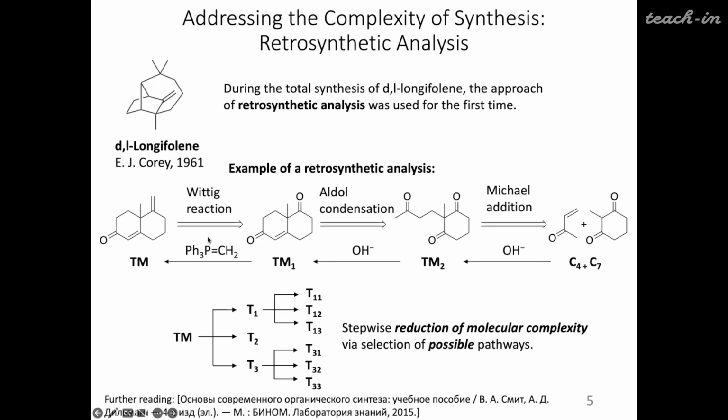Organic chemists could say that a Wittig reaction involving this molecule would precede this target molecule, and this can be obtained by aldol condensation, and this one can be obtained by Michael addition.